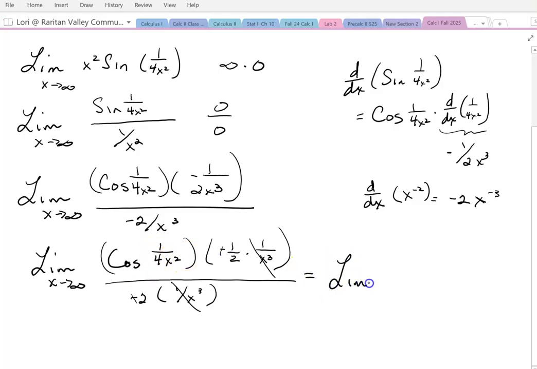Also, the limit as x goes to infinity of 1/2 divided by 2 is 1/4, so that's 1/4 times cosine of 1 over 4x squared.